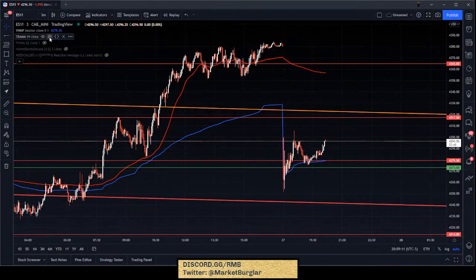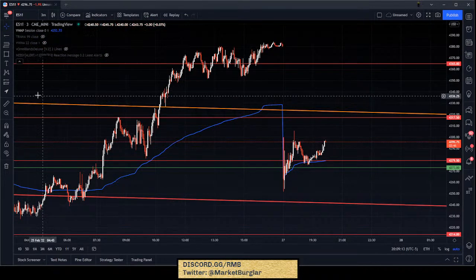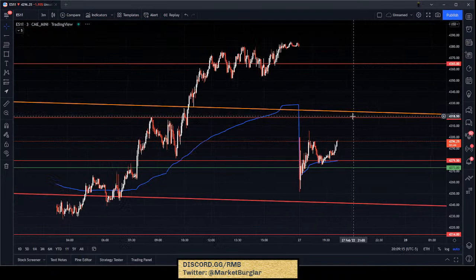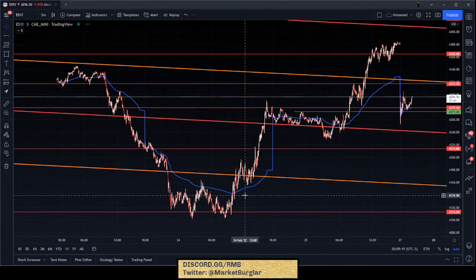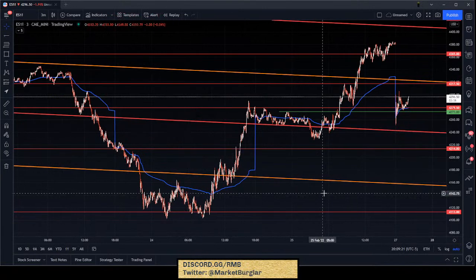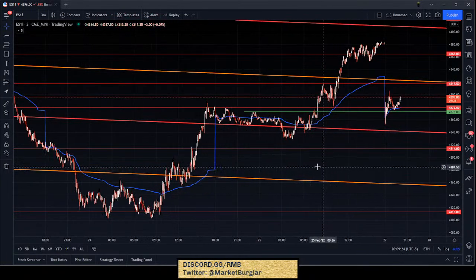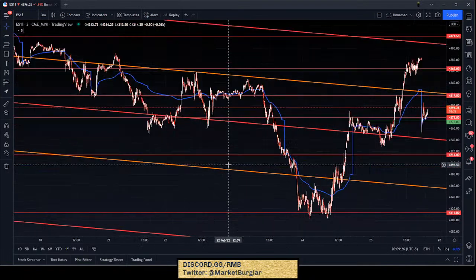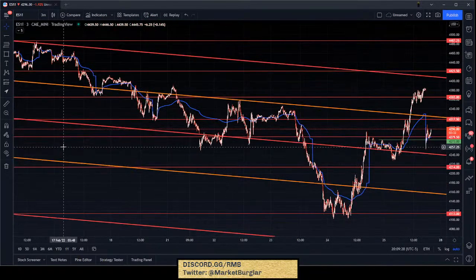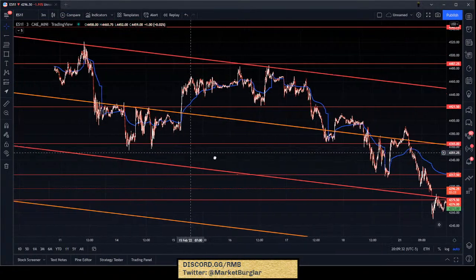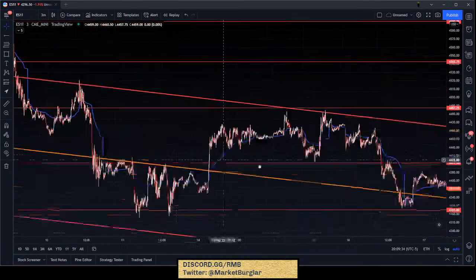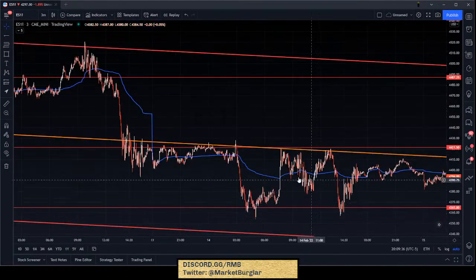So what I'm looking at for VWAP is I'm not looking at VWAP for bounces or anything like that. I'm looking at VWAP as a target. So where's a spot where I can use it as an example? Let's say right here.